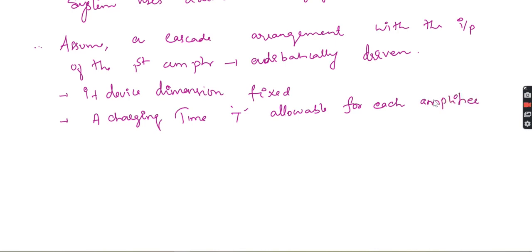So for this also the system is a fully adiabatic system. If the system is completely fully adiabatic, then we need to assume these things.